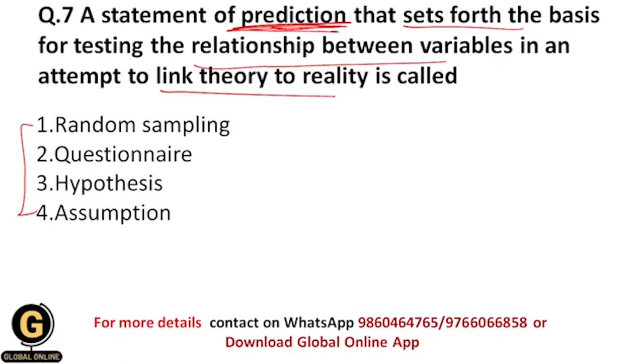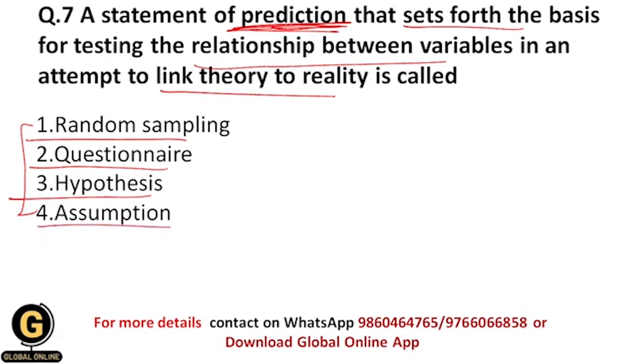And we are going to test this statement of prediction because we need to understand the relationship of theory to reality. We are going to link the theory to reality. So this kind of statement of prediction is called what? Whether it is random sampling, questionnaire, hypothesis, or assumption.